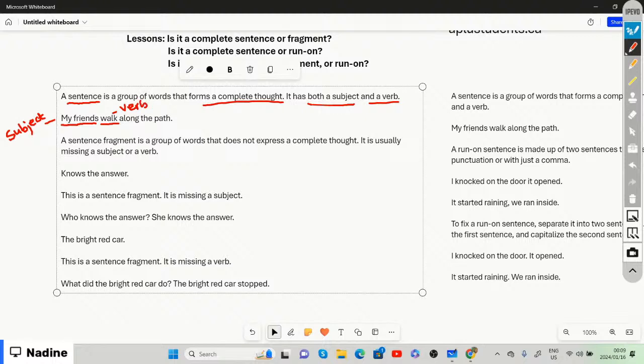So basically, my friends is the person that does the action, and the action that my friends do is walk. So that shows a complete thought within the sentence because it has both a subject as well as a verb.